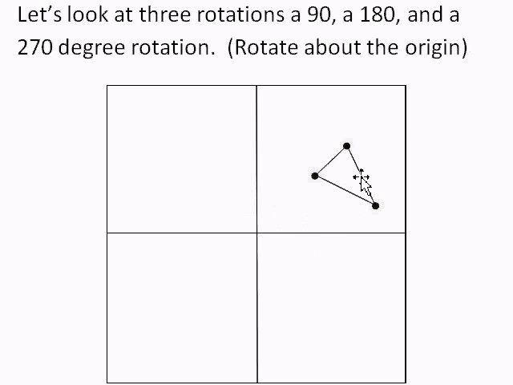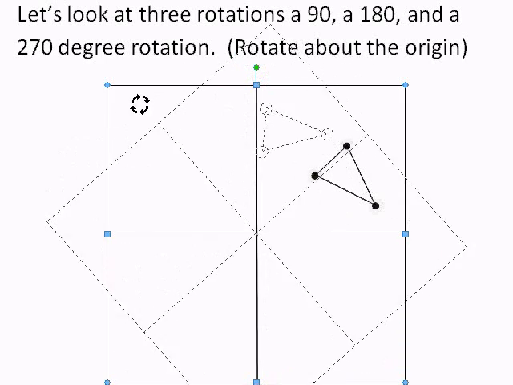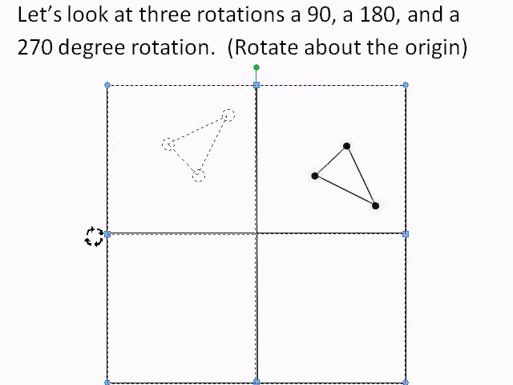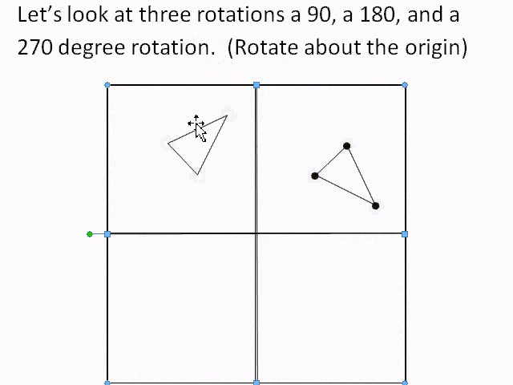Now I've got this shape right here, this triangle, and I'm going to rotate this triangle around the point that is the origin. In other words, this little point in the center, I'm going to take my triangle and rotate it 90 degrees around the center, and it'll land right here. So that's a 90 degree rotation about the origin.